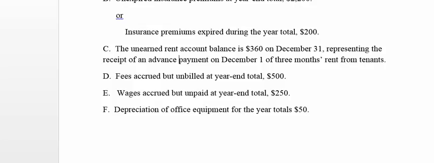So instead of rent revenue, we credit a liability account called unearned rent. We'll increase its balance, because there's a future obligation there, right? We either have to let the tenant occupy the space for the next 3 months or give them their money back. So it creates a liability for us on December 1st, unearned rent for $360.